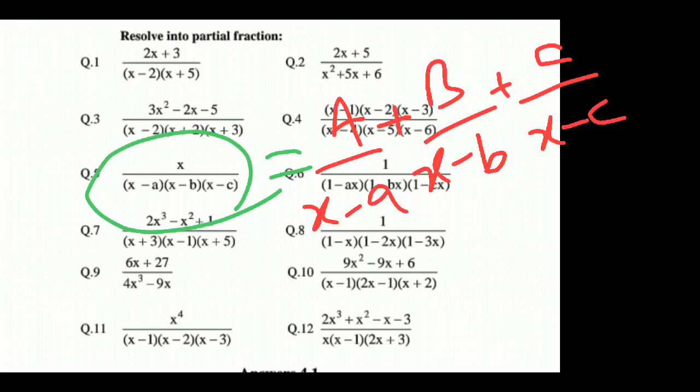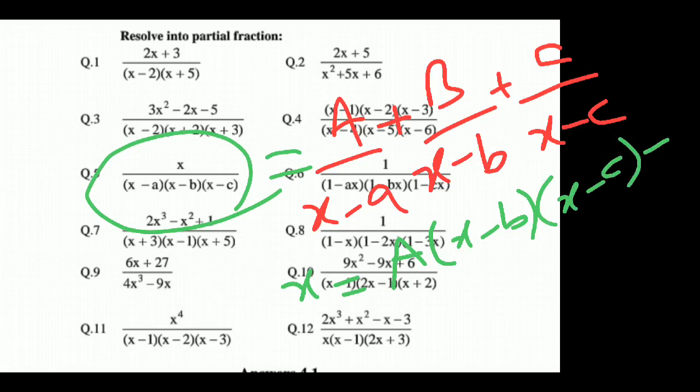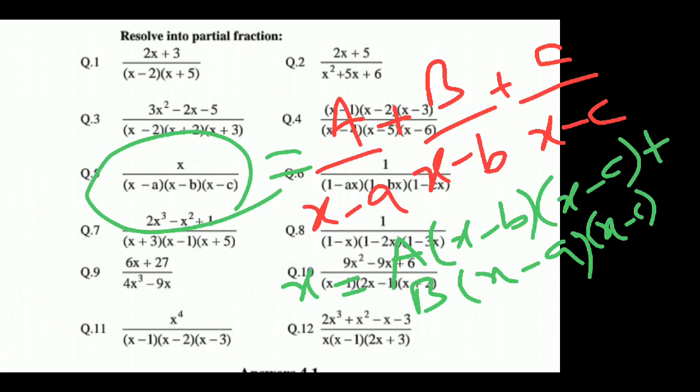Now the equation becomes in the form of x equal to A into (x − b)(x − c) plus B into (x − a)(x − c) plus C into (x − a)(x − b).